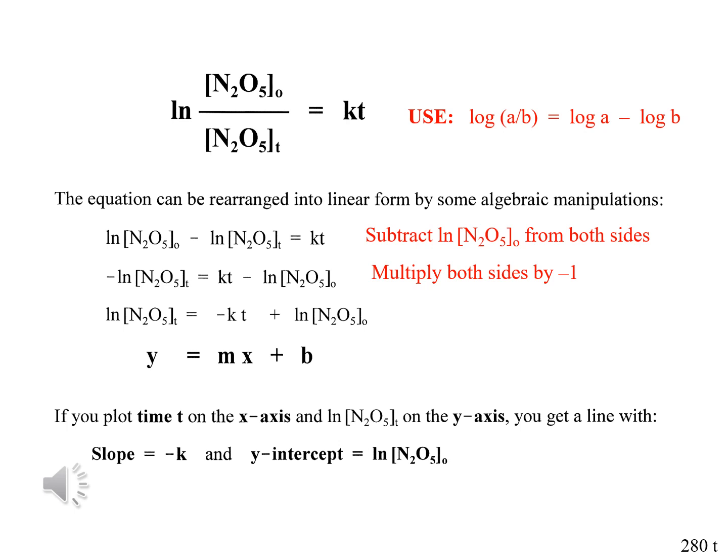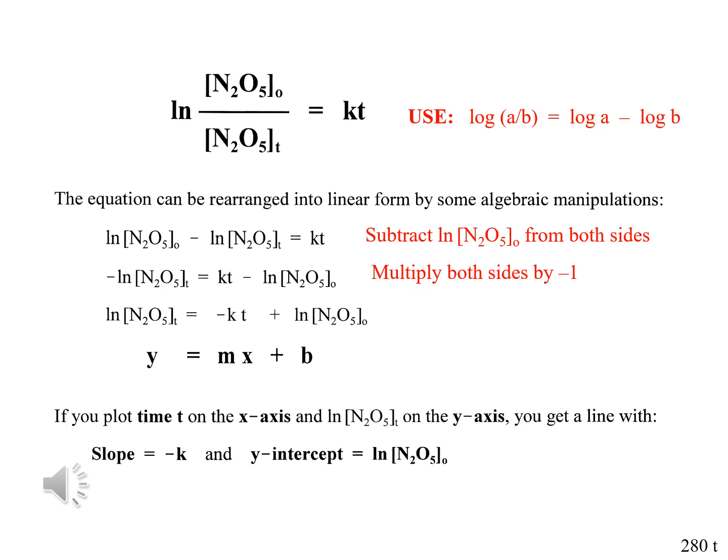You wouldn't know that by just looking at it, but if you use the property of logs, that the log of a over b equals the log of a minus the log of b, you can show it as I did below. You can take the ln of the top minus the ln of the bottom. Then if you subtract the ln of A0 from both sides and multiply both sides by -1, you get the equation for a line, y equals mx plus b.